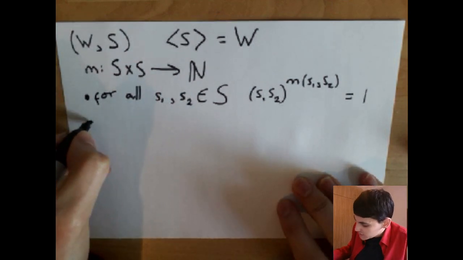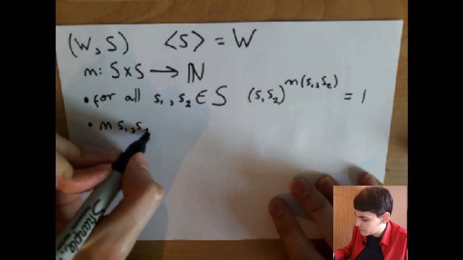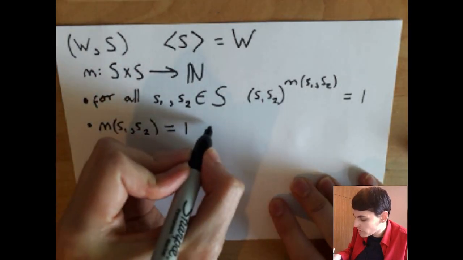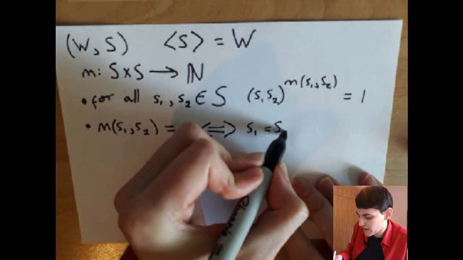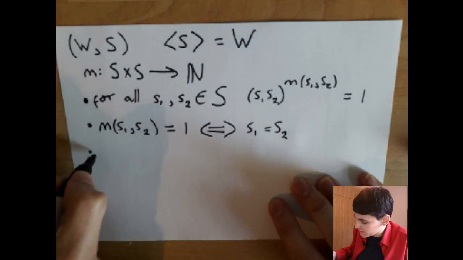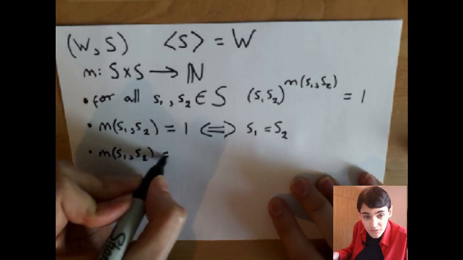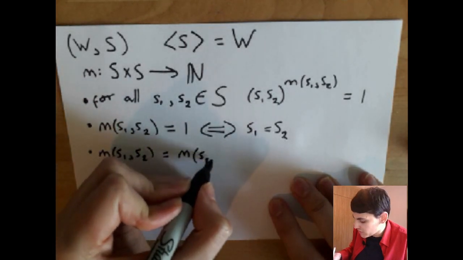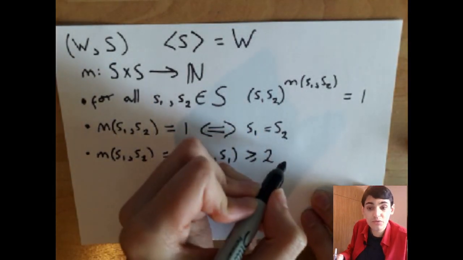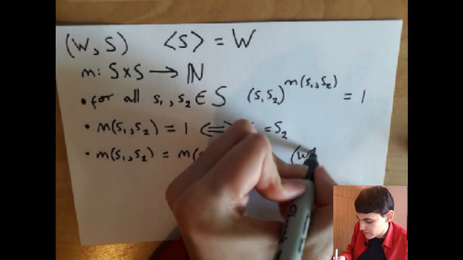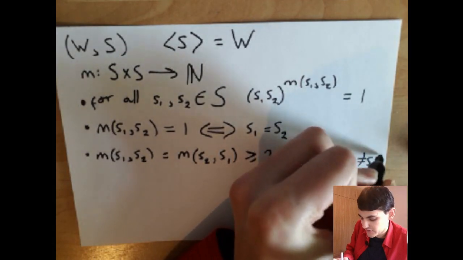Second, m(S1, S2) equals 1 if and only if S1 equals S2. And finally, m(S1, S2) equals m(S2, S1), and this is always greater than or equal to 2 as long as S1 is not equal to S2.